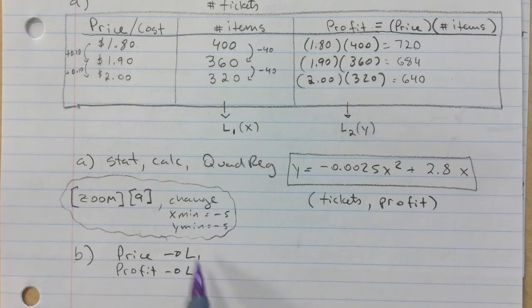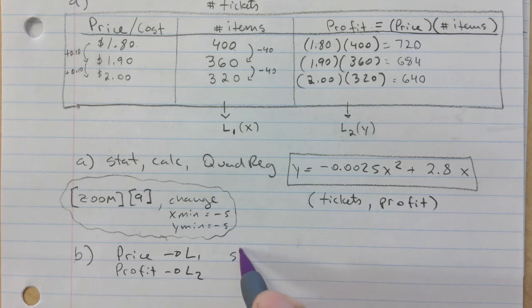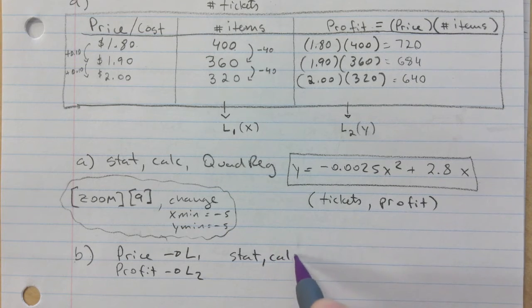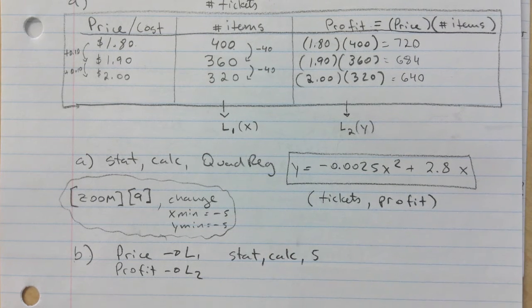Okay, make this note. We're now making this our L1. Then we're going to do a stat calc 5 again and come up with the equation. It's actually easier than what you think, and I'll show you in a bit.